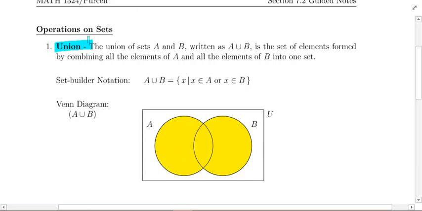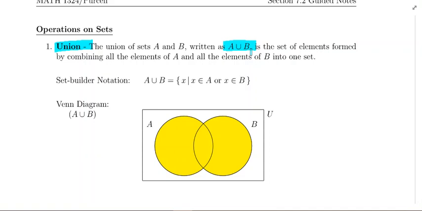If you take two sets, A and B, and form their union, this is the notation you're going to see: A union B. That is the set of elements formed by combining all of the elements of A and all of the elements of B into one set.